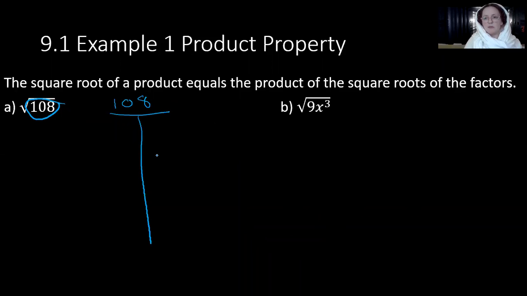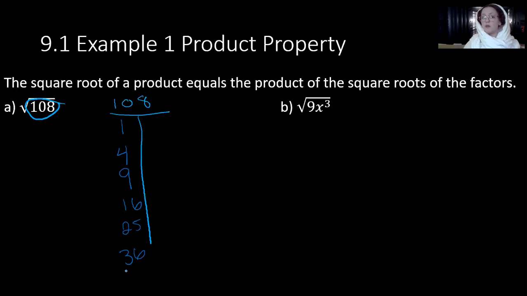So I'm just going to list my perfect squares because that's all I really care about. We can do 1, 4, 9, 16, 25, 36, and so on and so forth.